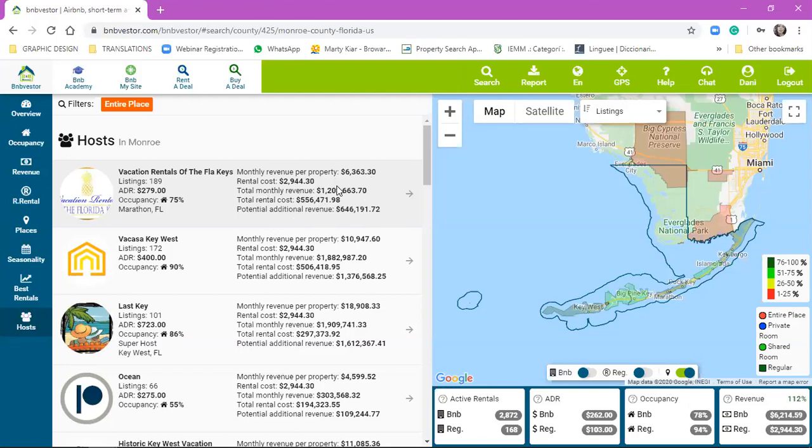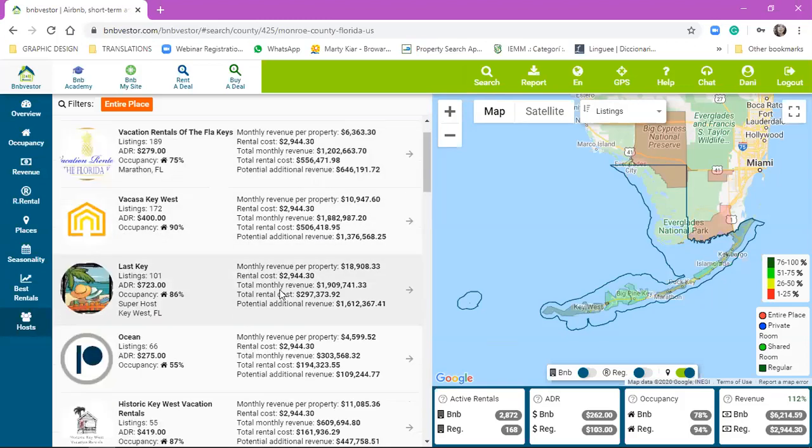Over here, this is the total monthly revenue for all the 189 properties that you have here. Same for the total rental cost. And then you have the potential additional revenue, net $646,000. So if you subtract $1,202,000 minus the 556,000, it's going to give you this result.